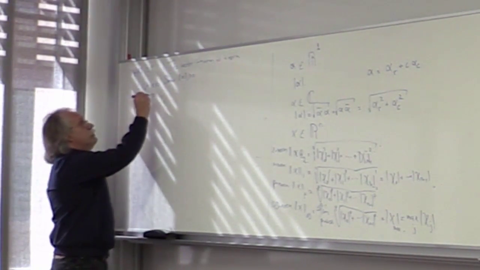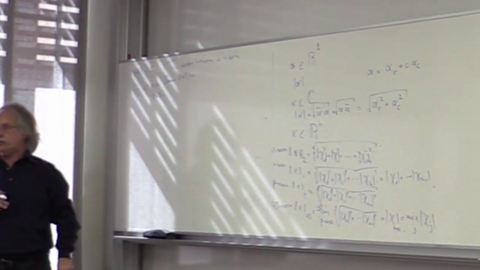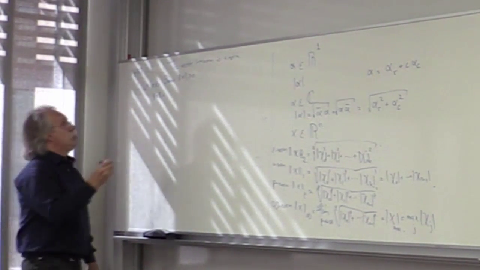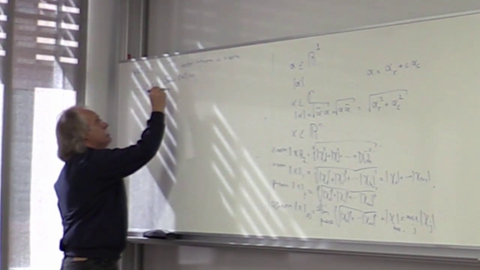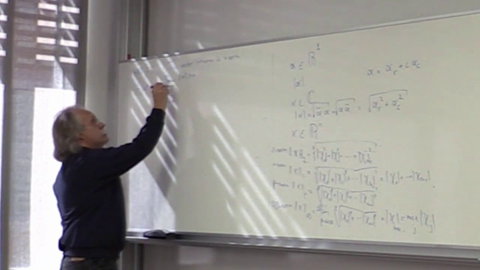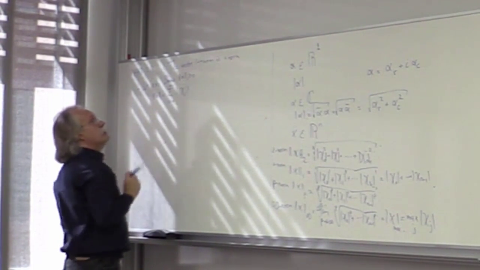So what do we have? The 1 norm of x. Well, you can't do a heck of a lot until you actually write down what it means. So that's equal to, let's use the summation, i equals 0 to n minus 1 of the absolute value of chi sub i.